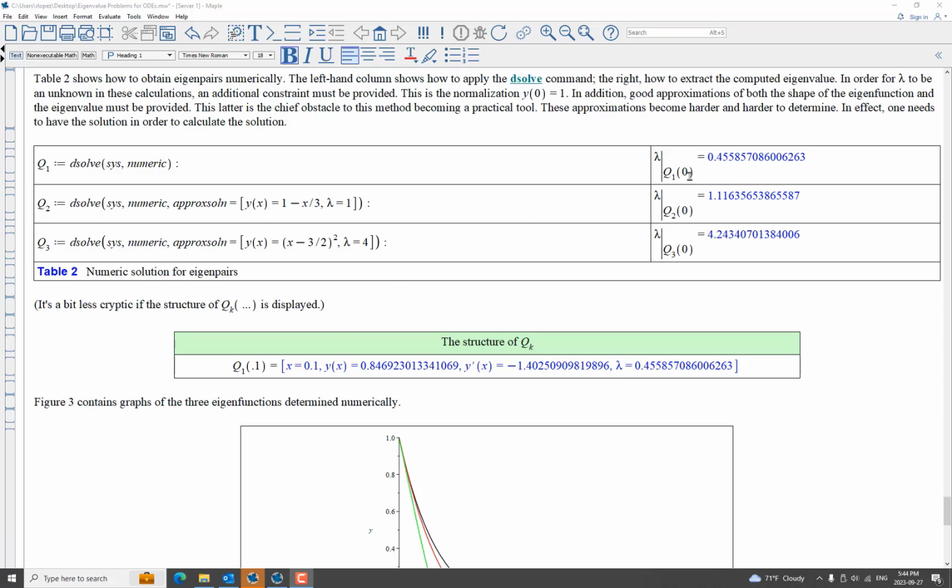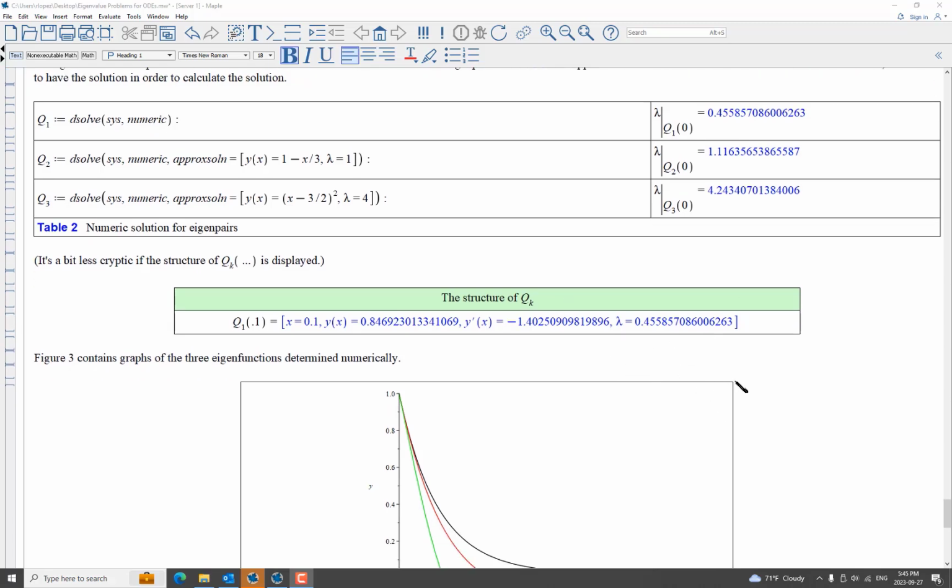So here, it doesn't make any difference what value you place for the x, because you're going to compute the same lambda no matter what value you put in here for that particular Q. When I evaluate lambda at this list of numbers, Maple matches the lambda and picks this out, and that's why you get the eigenvalue out here.